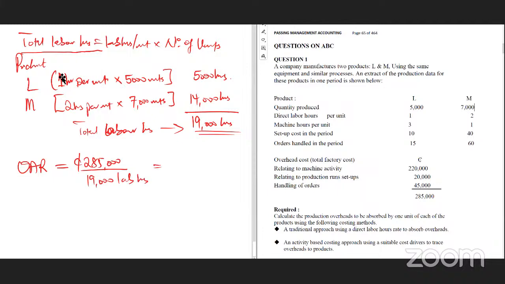And that gives us an OAR of how much? 15 per labor hour. Please, is that okay?